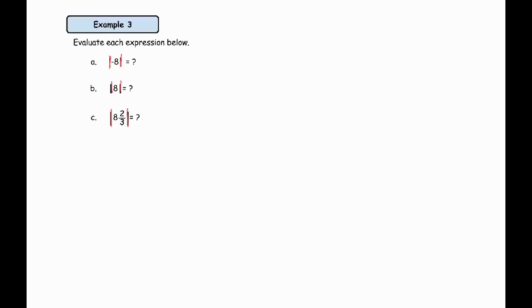So it is 8 units from 0. The absolute value of 8 is equal to 8, because that is also 8 units from 0. And the absolute value of 8 2/3 is 8 2/3, because it is 8 2/3 units from 0. So the absolute value of any number will always be positive.